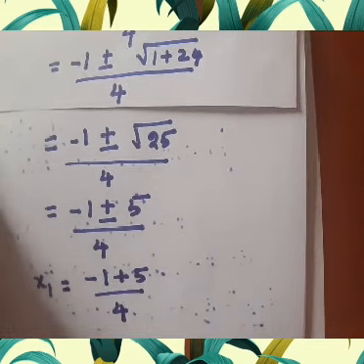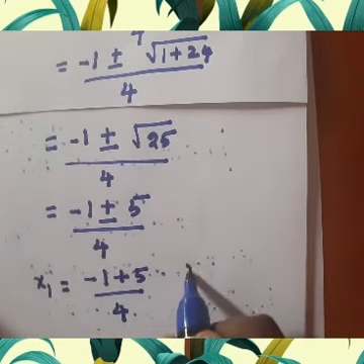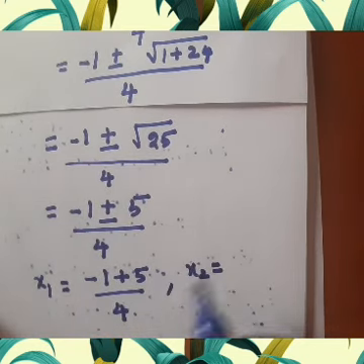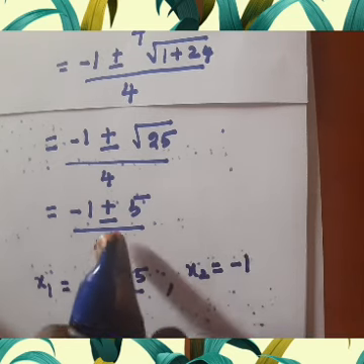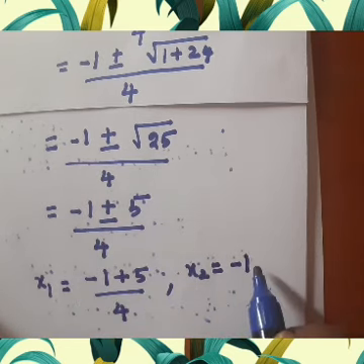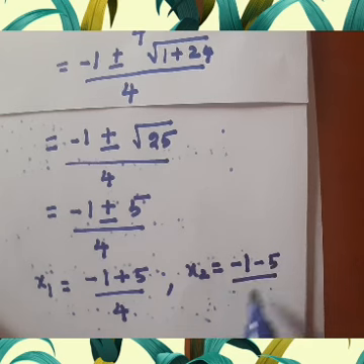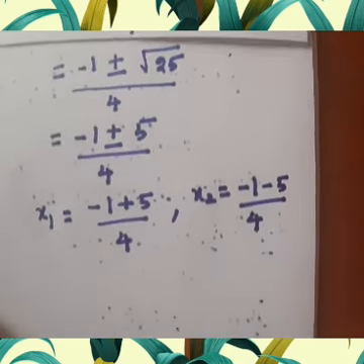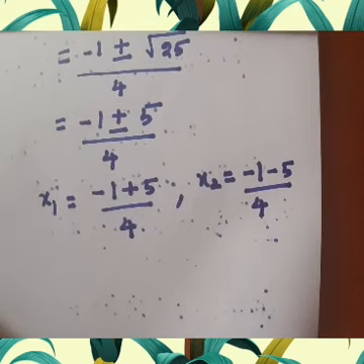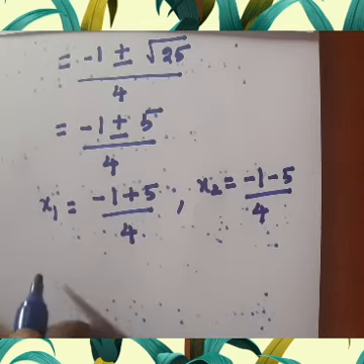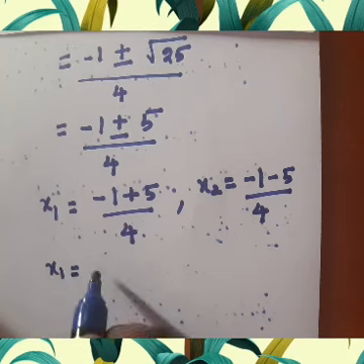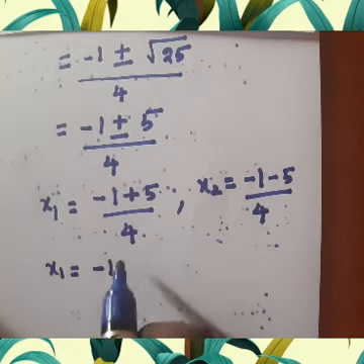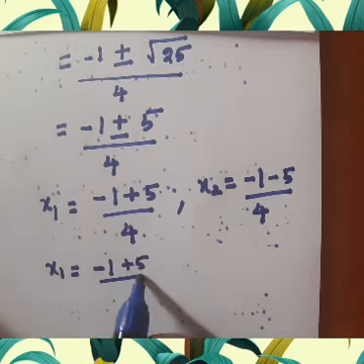Second, we will write x2 as minus 1. What is the other sign you have? Minus 1 minus 5, the whole term divided by 4. So the first answer x1 is minus 1 plus 5 divided by 4.